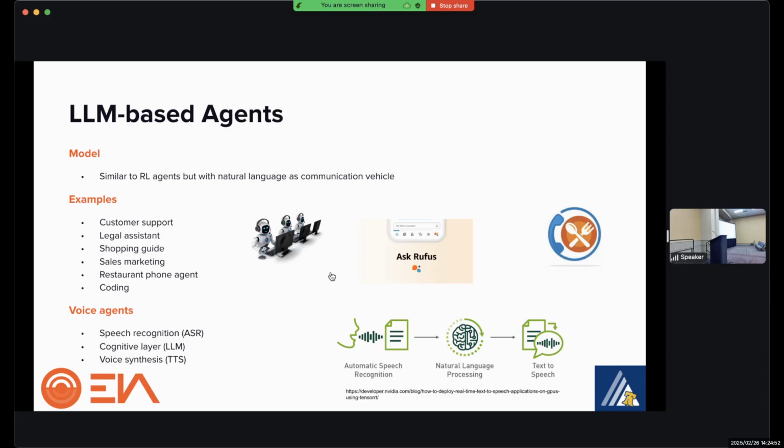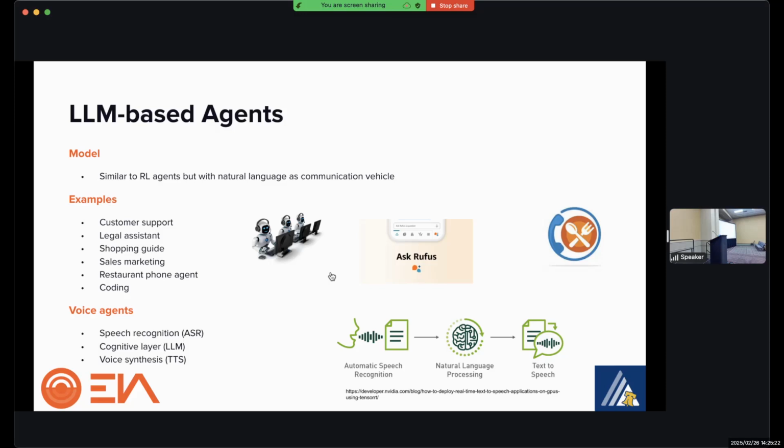Then in the middle is your cognitive layer, which is usually powered by a large language model, taking in the text generated by ASR. The cognitive layer is responsible for generating a response that makes sense and that also helps to complete the task of the conversation.